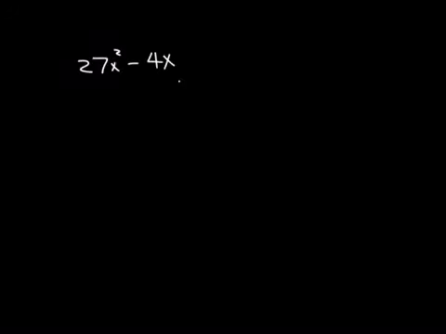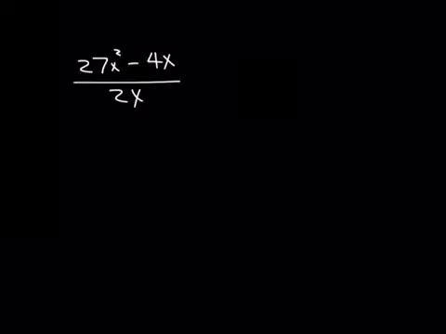Alright, so that was what was called dividing by a monomial. Okay, so when I had a problem like 27x cubed, or x squared minus 4x over 2x, this number here is a monomial.